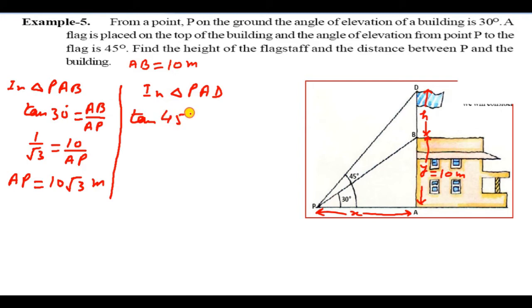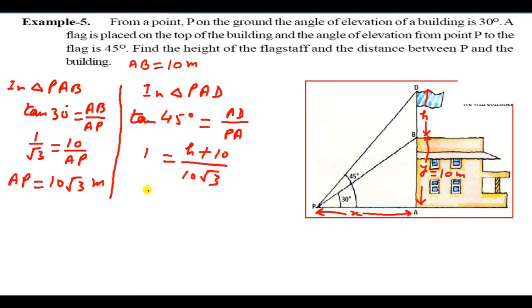Tan 45 degree is equal to AD upon PA. As you know, PA is 10 root 3. Tan 45, that is 1. AD is H plus 10, where H is the height of the flagstaff, and PA is 10 root 3.